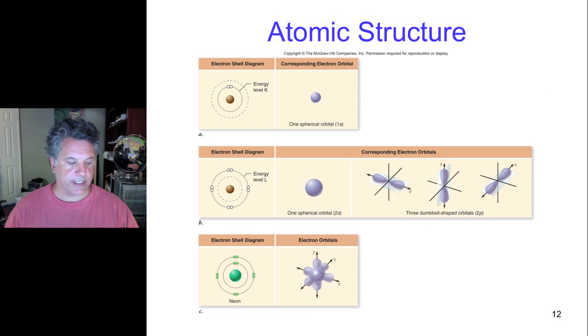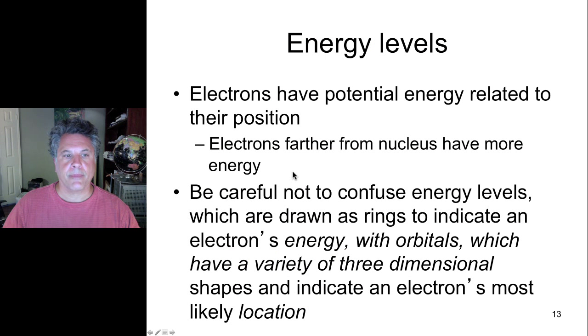You would say, for example, that an electron found in the 2s orbital at the second energy level would have a higher energy than an electron found in the 1s orbital at the first energy level, K.